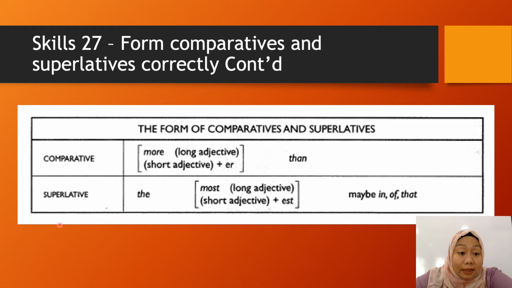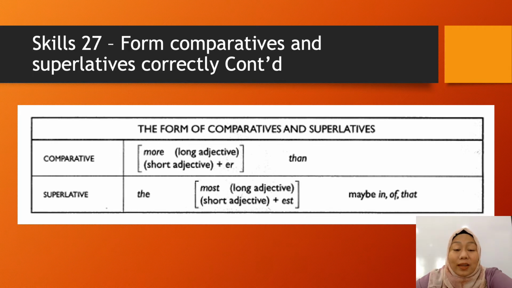And for superlatives, it starts with the word the and then followed by most for long adjective, and short adjective plus suffix est, and then followed by maybe in, of, or that clause. Okay, that is how to form comparative and superlatives.